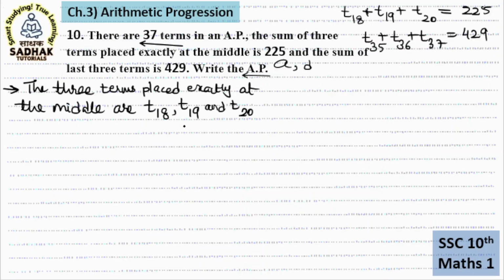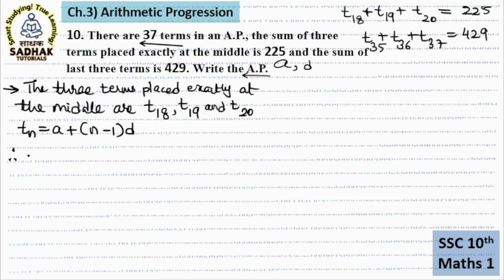Okay, so let us write these three terms in terms of A and D, because ultimately we have to find A and D, right? For this we will use the formula Tn is equal to A plus (n minus 1) D, fine.